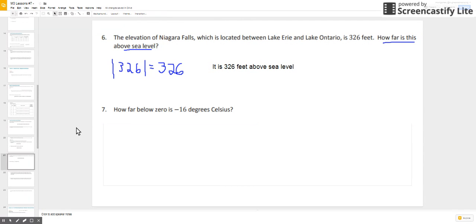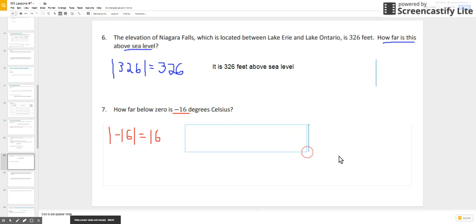All right, here we go. Next one. How far below zero is -16 degrees Celsius? So once again, we're taking the number presented. This is a -16. The absolute value of -16, of course, is +16. So now if we write that as a magnitude, let's get our text box out here.